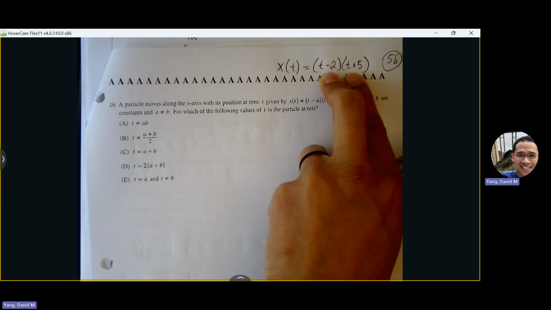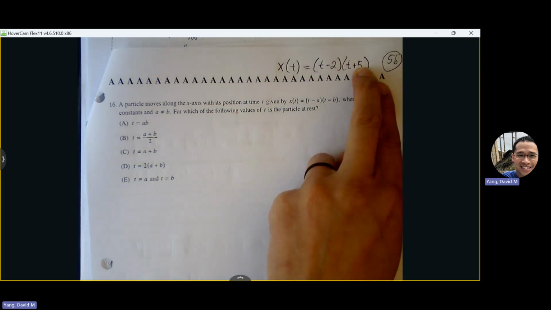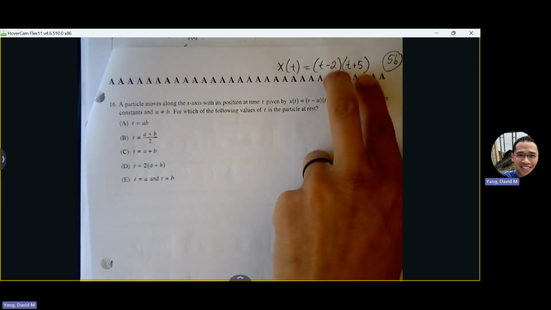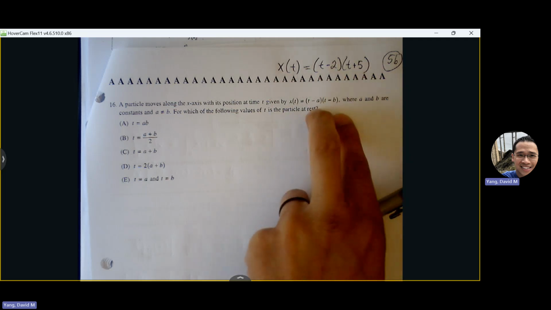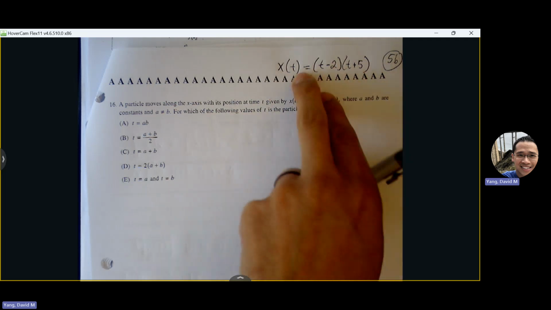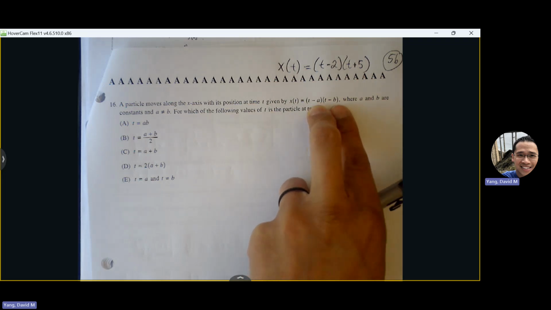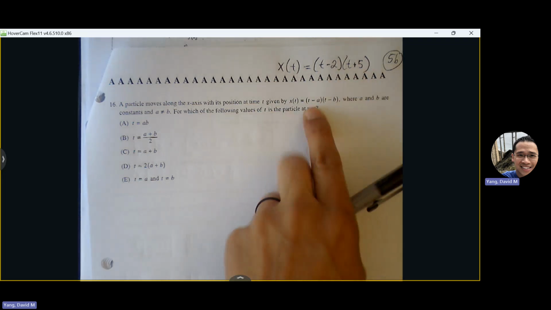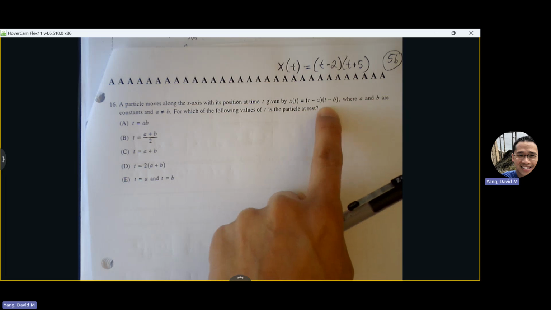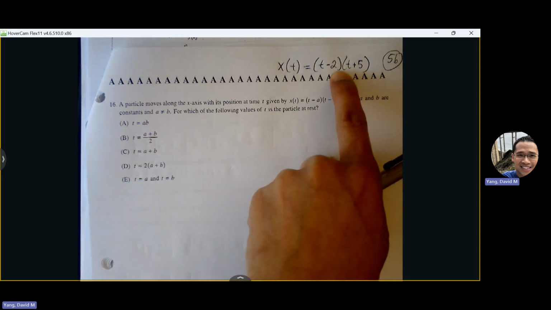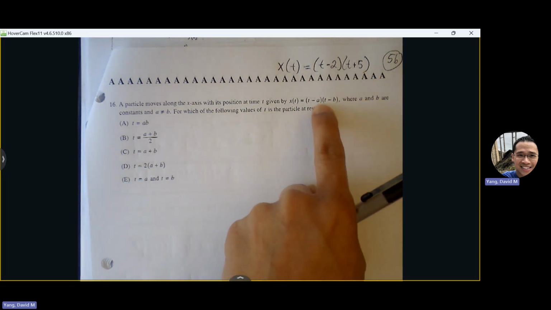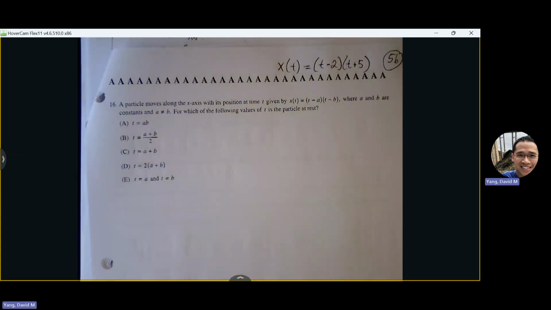You could also go through product rule, but we could expand everything out, go through power rule, and then just treat a's and b's like 2's and 5's, right? So you're just going to expand everything out. It looks a little bit messier because you can't combine like terms as easily, but we're going to pretend we're just working with 2's and 5's or 3's and 5's numbers, right? So treat a's and b's like you would numeric values.